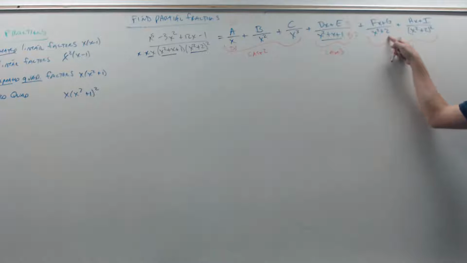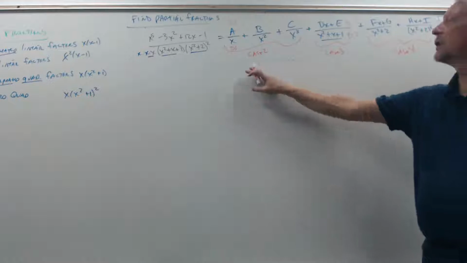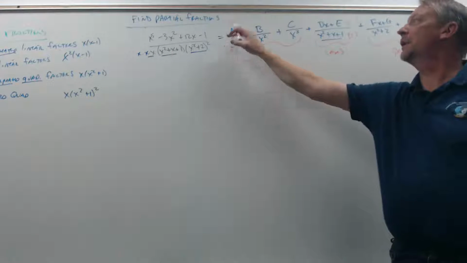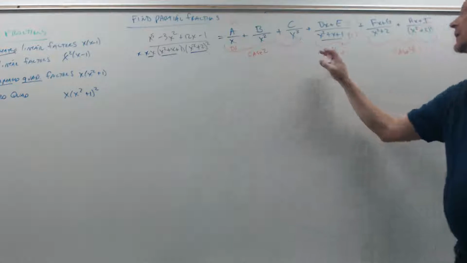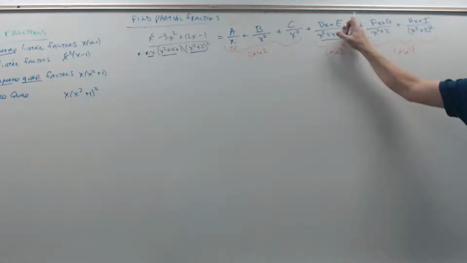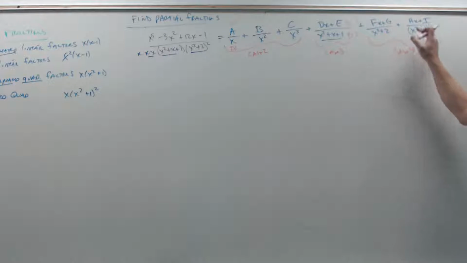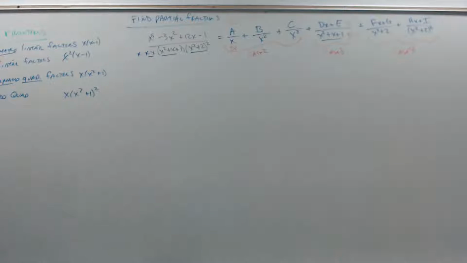So when we're looking at this, whatever degree you have on the denominator, you put 1 degree less on the numerator. Does that make sense? This is quadratic, so I'm going to go down one. This is quadratic, I'm going to go down one. This is quadratic repeated, so it's quadratic, I'm just going to go down one. Okay, so that's how it works. You could probably keep going into more cases, but we're going to stop at quadratic. We're not going to go into cubic factors.